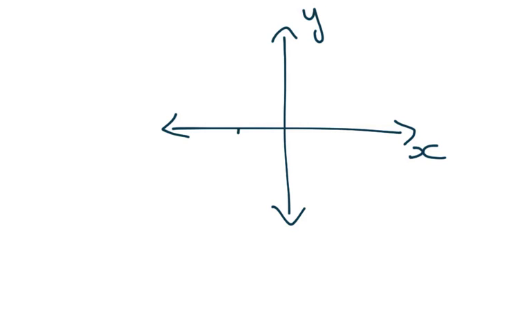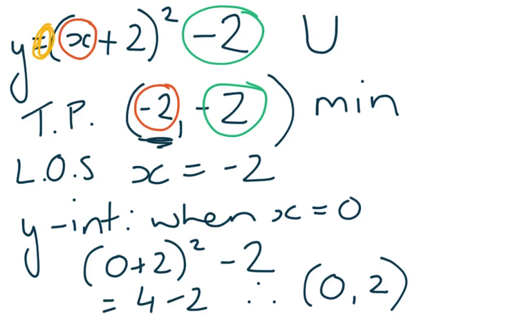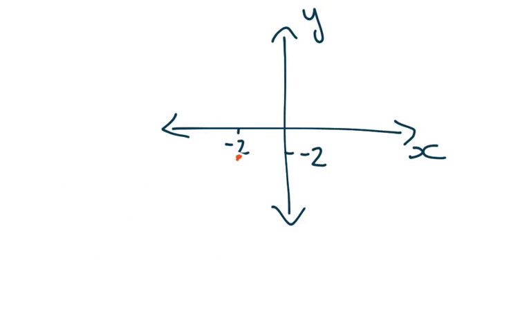So we go across to -2 and down to -2, and we put a dot just there for the turning point. We then also have our y-intercept at (0, 2), so we go up to 2 here, and we put a dot there as well.